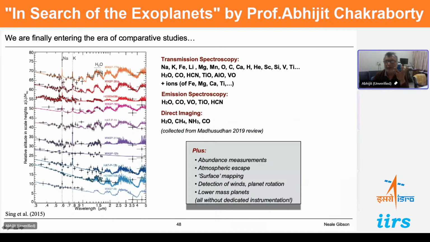Of course this is a 2 sigma kind of detection, but using those they have clearly detected sodium and potassium. So many of these molecules can be detected, like sodium, potassium, iron, hydrogen, water, carbon monoxide, HCN, titanium oxide, like that.